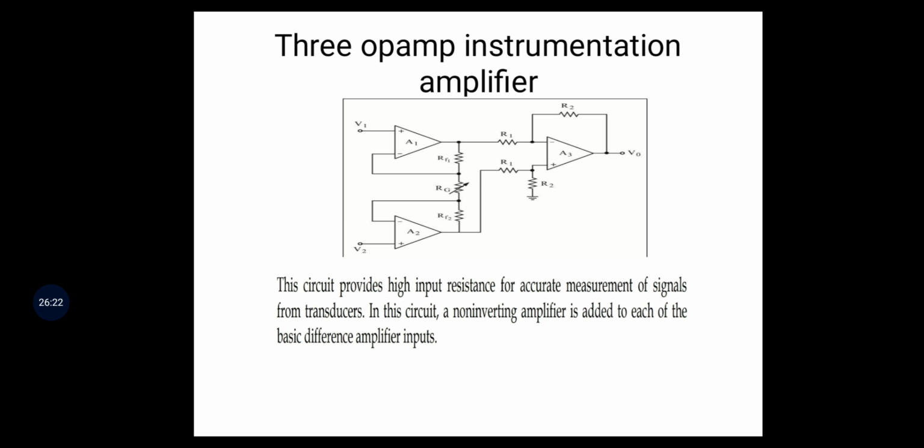So this circuit provides high input resistance for accurate measurement of signals from transducers. In this circuit, a non-inverting amplifier is added to each of the basic difference amplifier inputs.